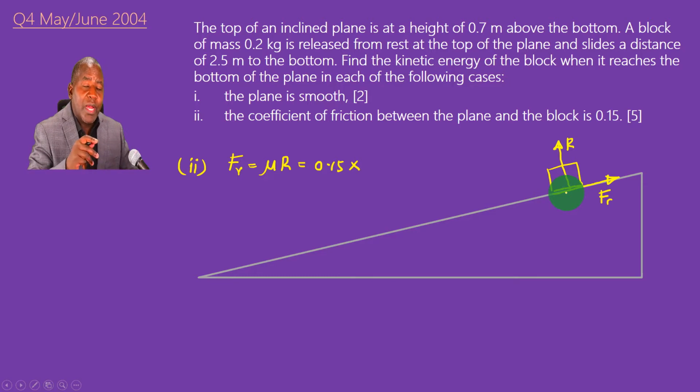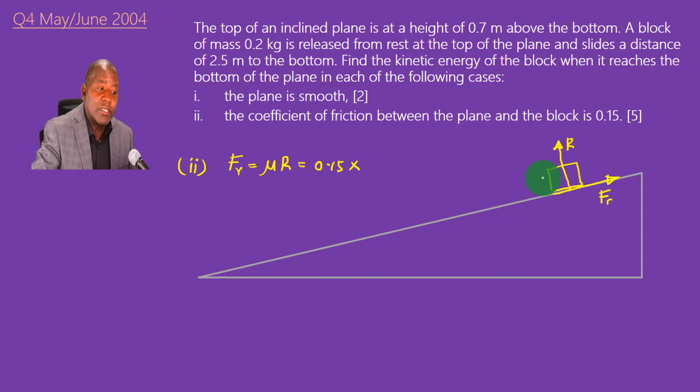Remember what we have discussed in one of the questions in this paper. We have said that most students normally think that R is equal to the weight of the object, which is mg. That is true if this is the case.